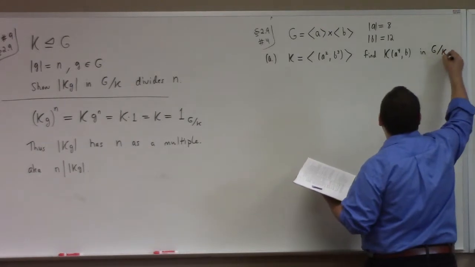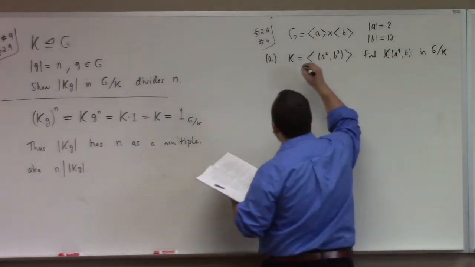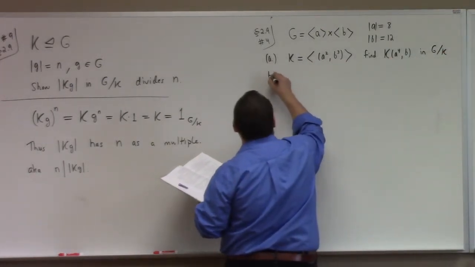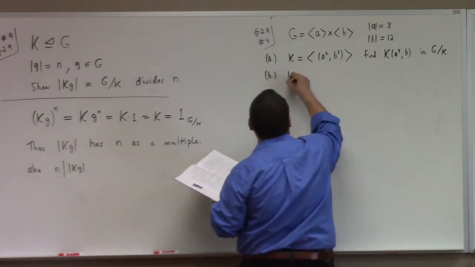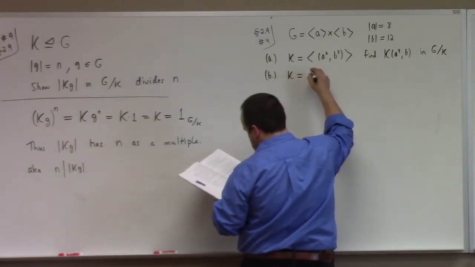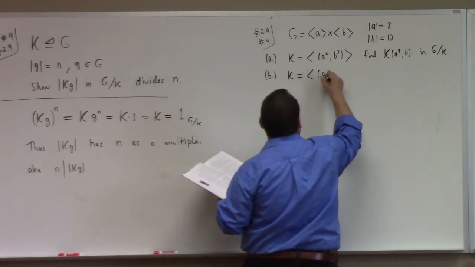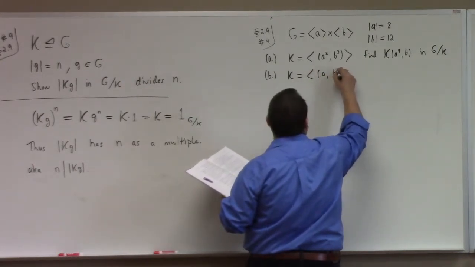Goodness gracious. That's part A. And part B, maybe these should be numbered 1 and 2 here. So here, K equal to the subgroup generated by A and B squared.